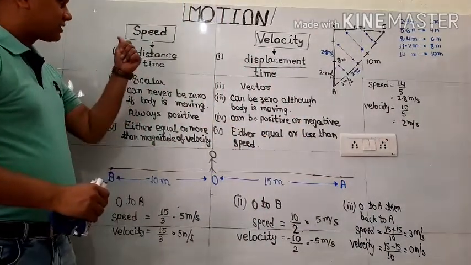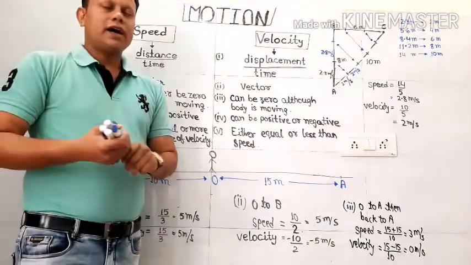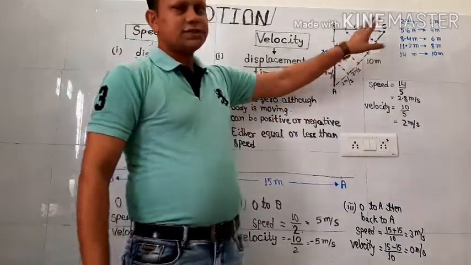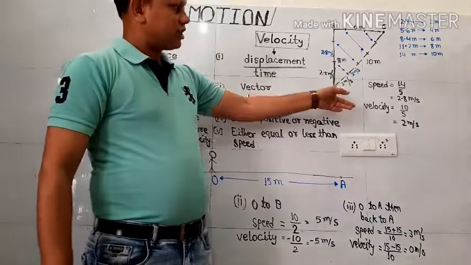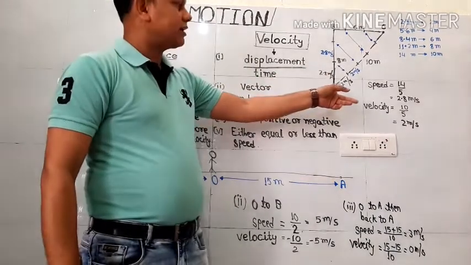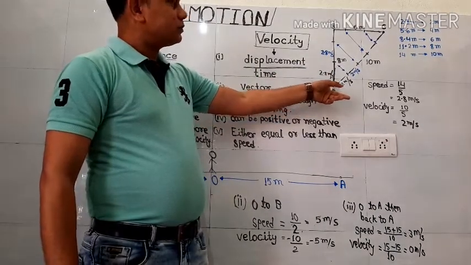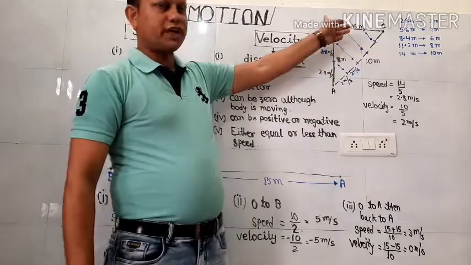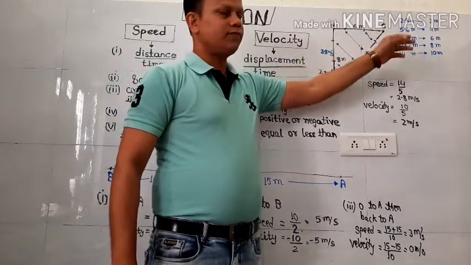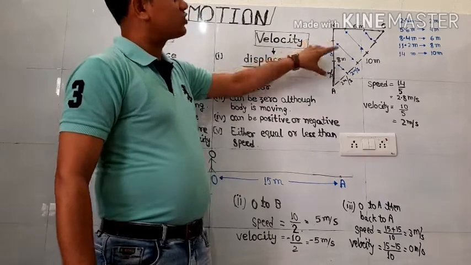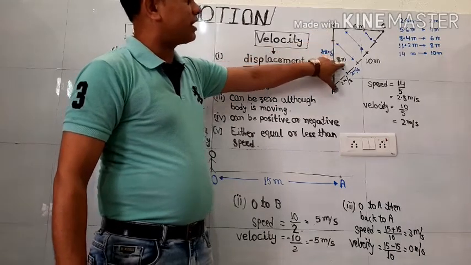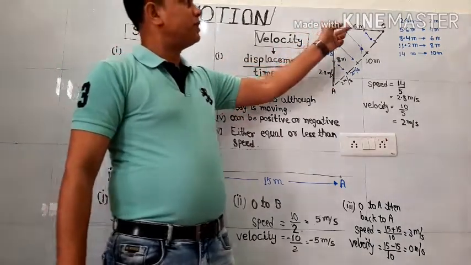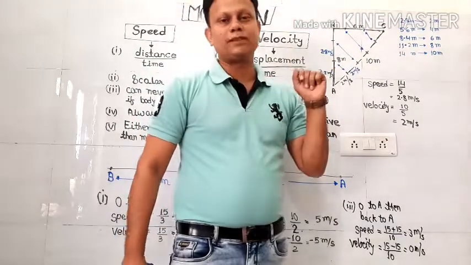For this explanation, again I am taking a situation in which an object is traveling from A to B straight, then from B to C. From A to B it is traveling a total distance of 8 meter, and from B to C it is traveling 6 meter.